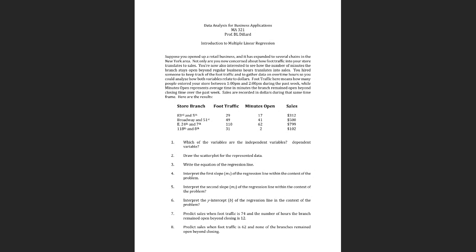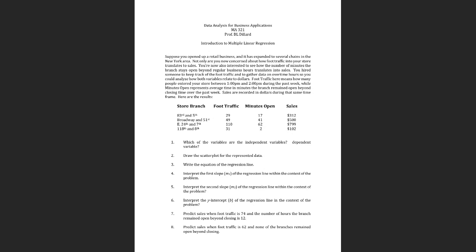So now what I did was I added a column, minutes open. And if you read the little blurb there, what we're trying to do now is predict sales based on how many people come into your store within a certain amount of time. And then also we're going to look at this other variable of how long your store stays open after closing. You know, like businesses, they say they close at 2. They may not close right at 2 if their customer's still in there. So that's the other variable we're going to look at.